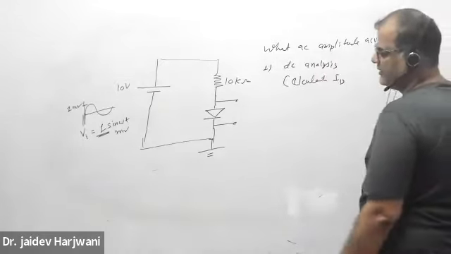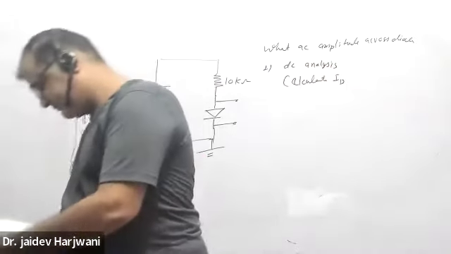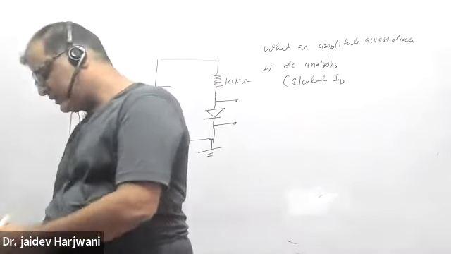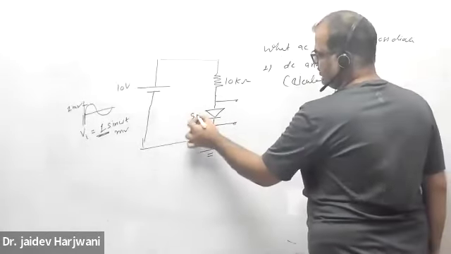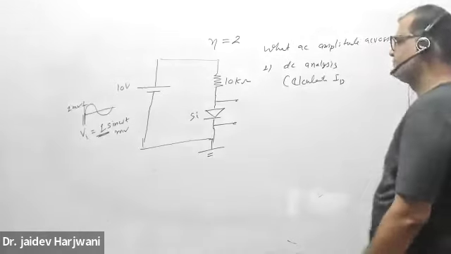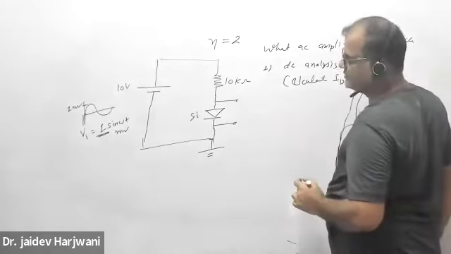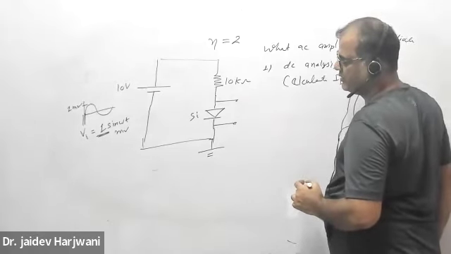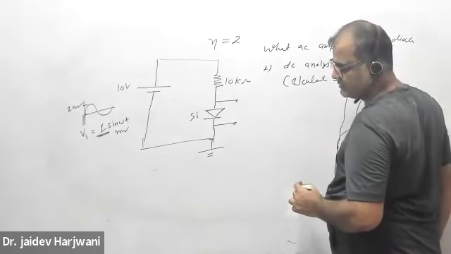Now this diode is made of silicon. This is a silicon diode, and eta value is given as 2. So now this diode is forward bias or reverse bias?